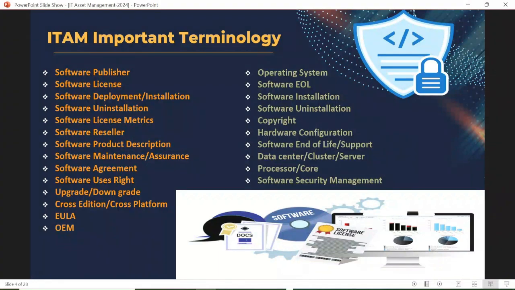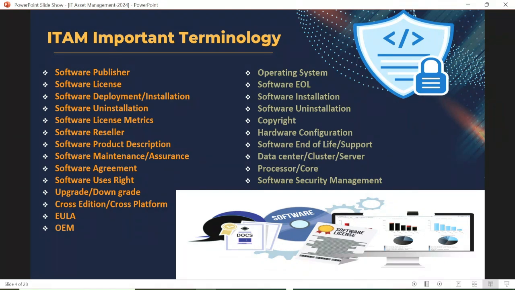So now finally we are going to discuss here about the software security management. As I have already explained, if any publisher announces any software end of support, we have to stop using that software due to the security compliance risk. Also, we have to make sure that we are not going to use any software which is unauthorized, which has been downloaded from any third-party source, which is not verified by security and compliance team.